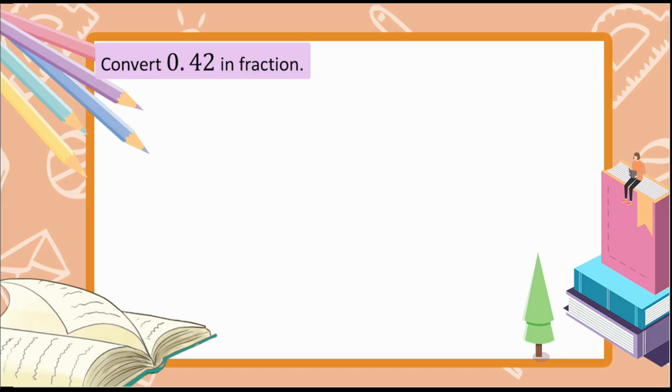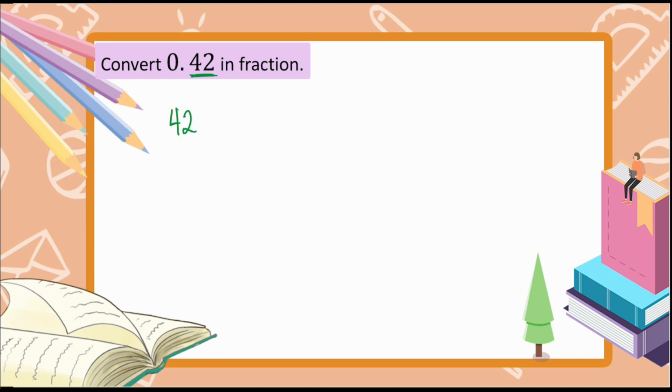Now that you know how to convert fractions to decimals, baliktad naman tayo. Let us convert decimals to fraction. So let us have this example. Convert 0.42 in fraction. 0.42 is an example of a terminating decimal. So, kapag terminating decimal, ganito lang ang gagawin. The decimal, here, you just have to make this the numerator.